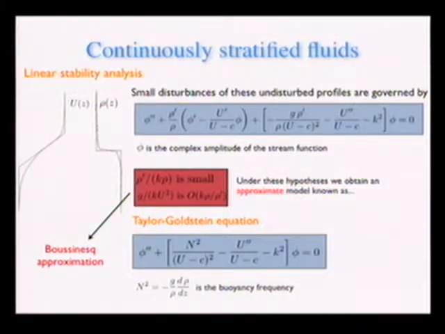Okay, and if you do this, taking into account the Boussinesq approximation, from linearized Euler equations, you go down to what is called the Taylor-Goldstein equation, okay, where here N is the square of the Brunt-Väisälä frequency. Okay, so this is an approximate model, okay?